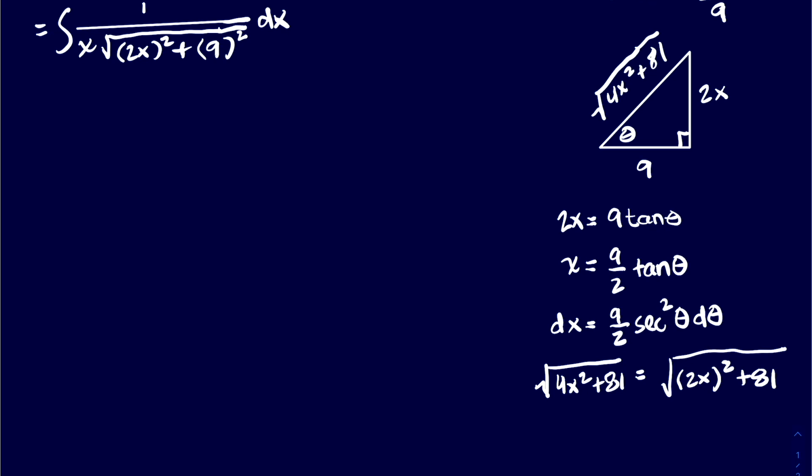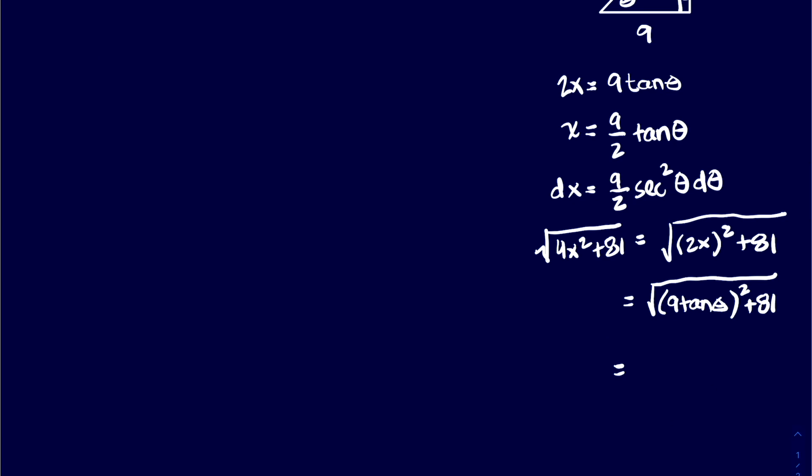But what was 2x equal to? That was equal to 9 tangent theta, squared, plus 81, which, when you square it out, would be the square root of 81 tangent squared theta plus 81.